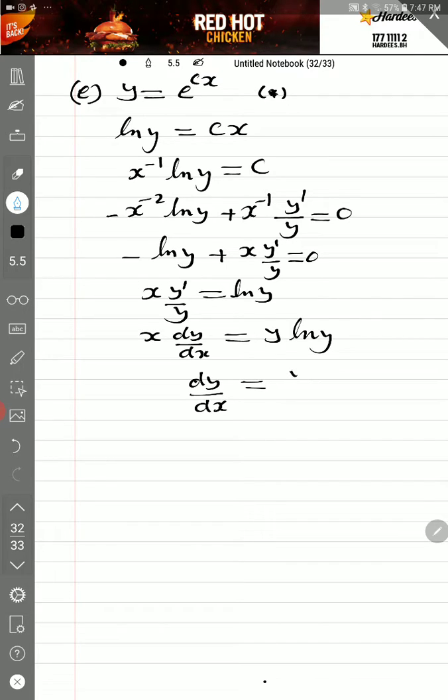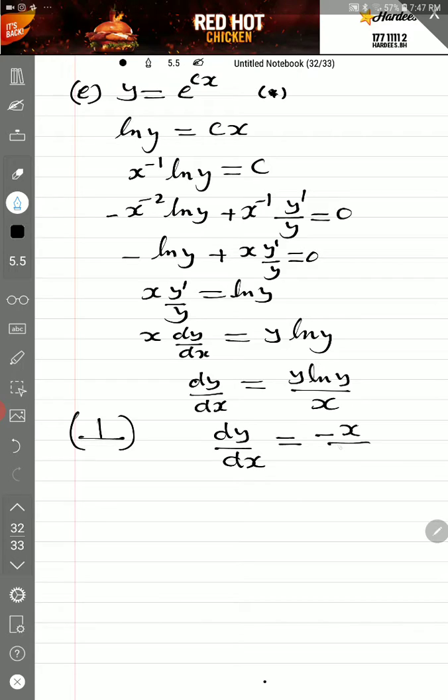It will be y ln y over x. Now, don't forget this, the most important: for the orthogonal, you write dy over dx equals minus x over y ln y.